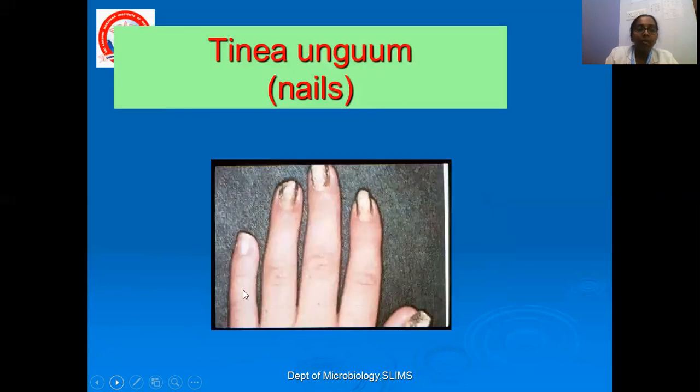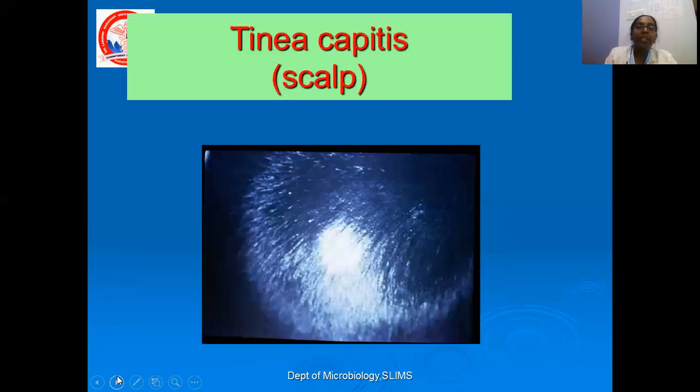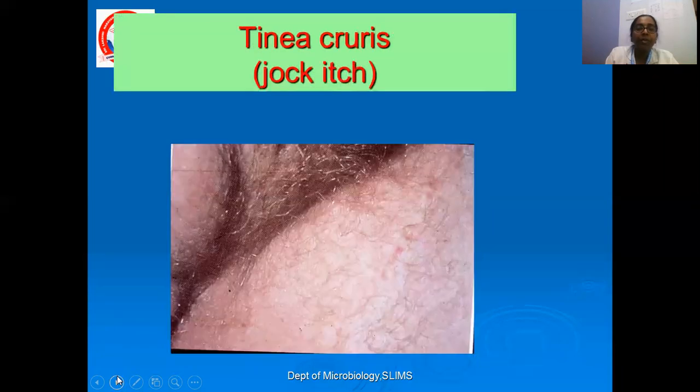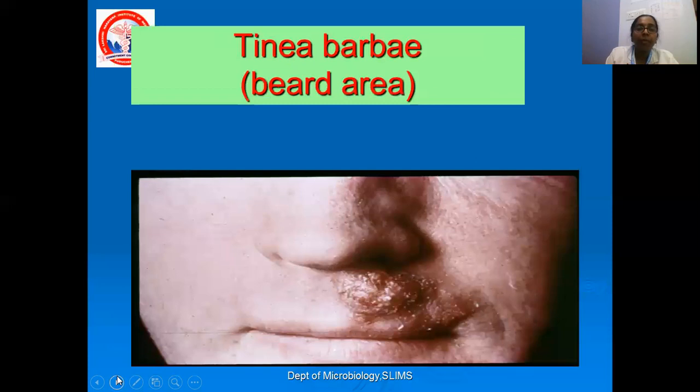This is tinea unguium where the nails are usually infected. Tinea capitis, that is in the scalp. Tinea cruris, that is jock's itch. Tinea barbae, usually in the beard area.